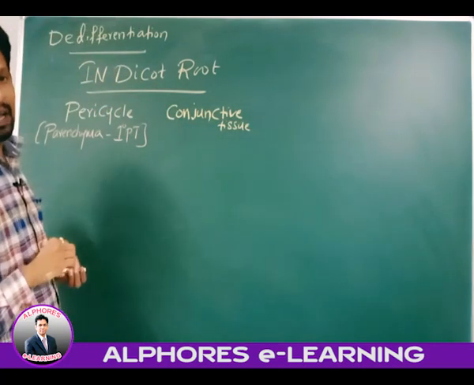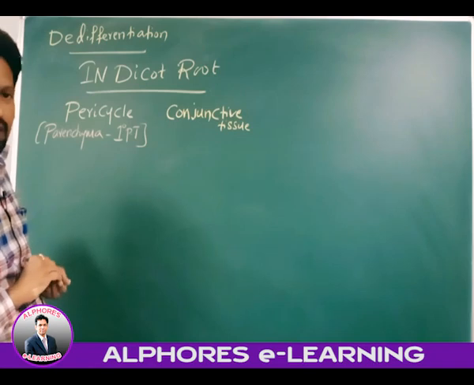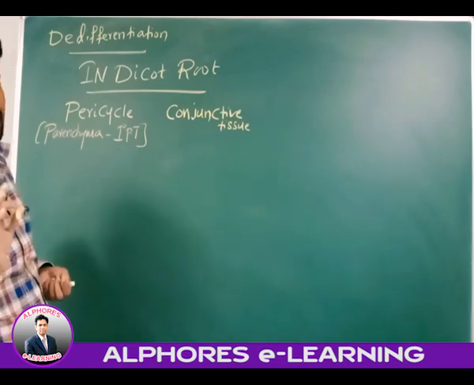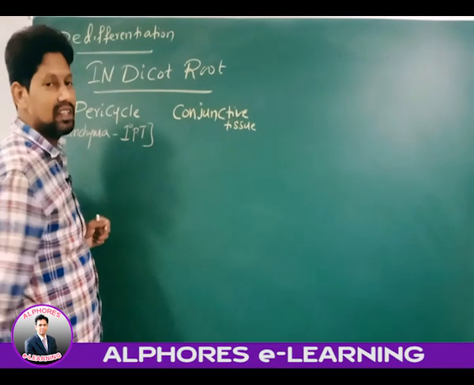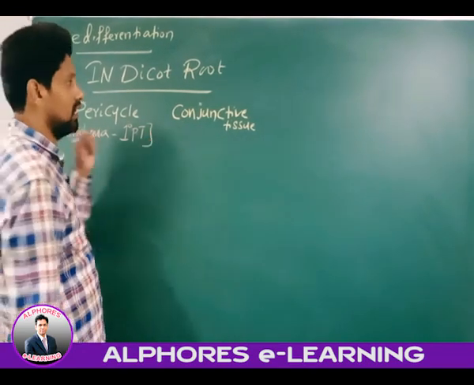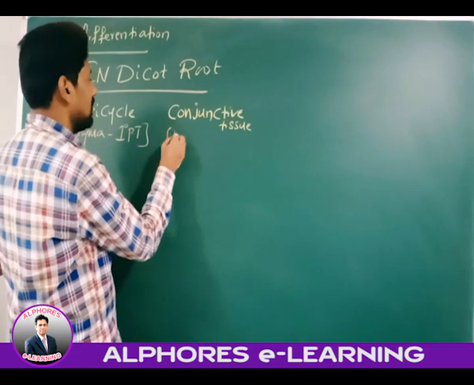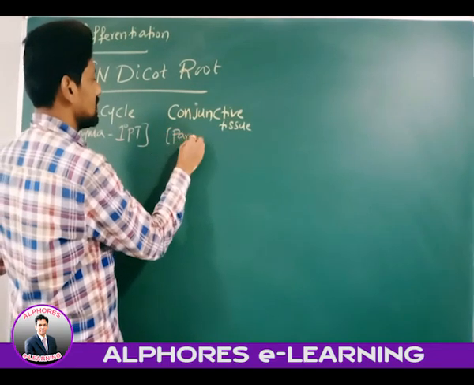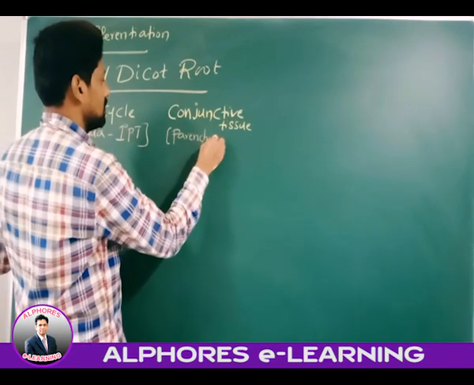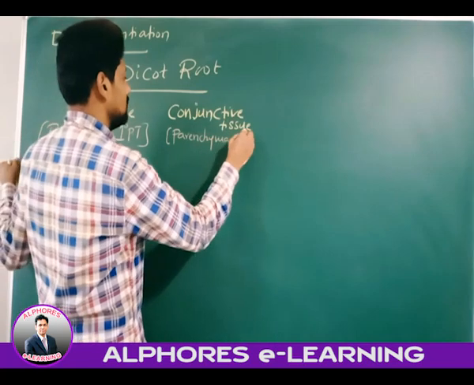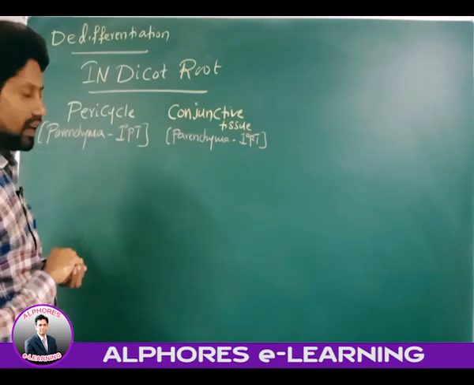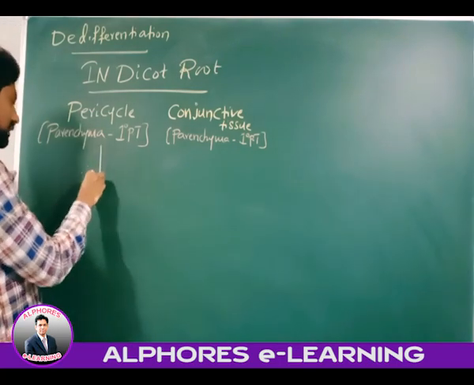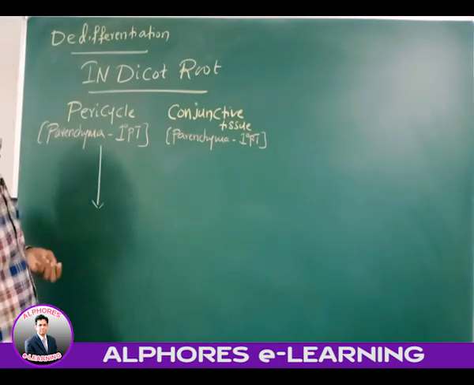This conjunctive tissue is also made up of parenchyma, which is a primary permanent tissue. Is it okay? Right.